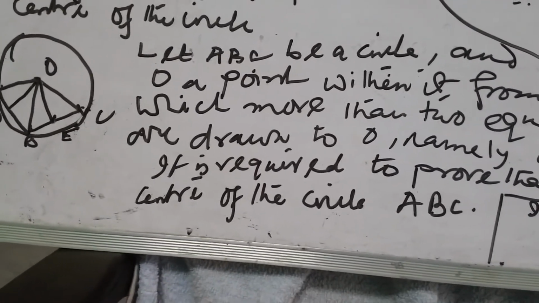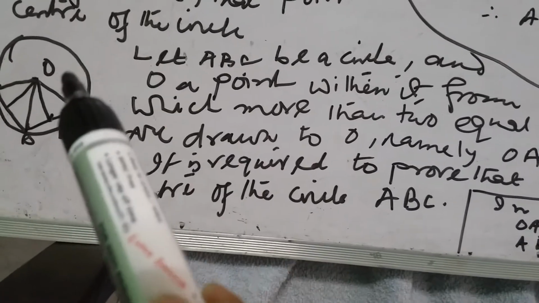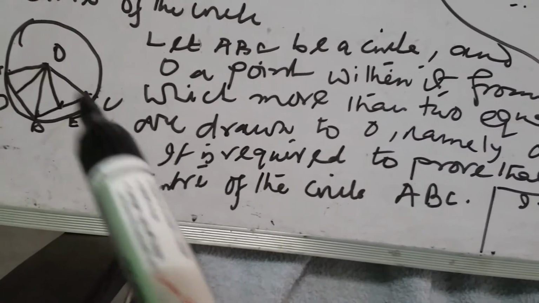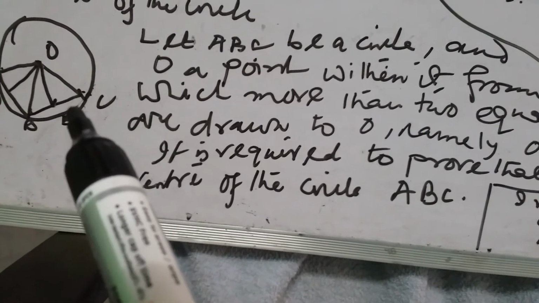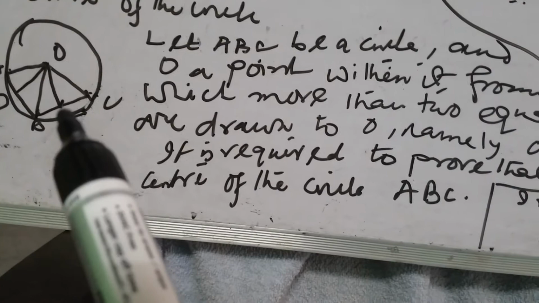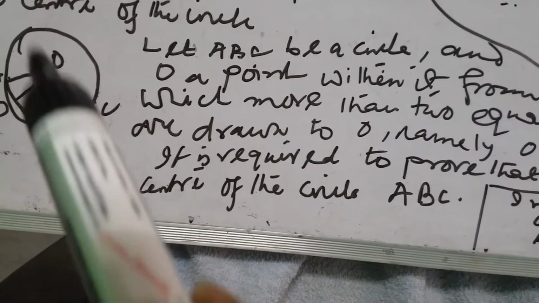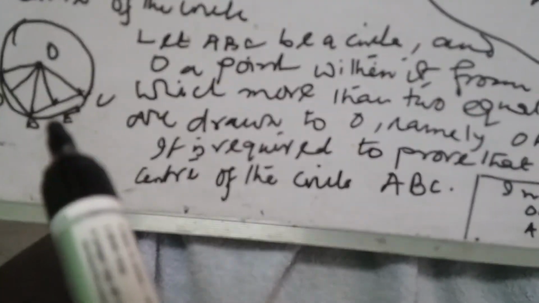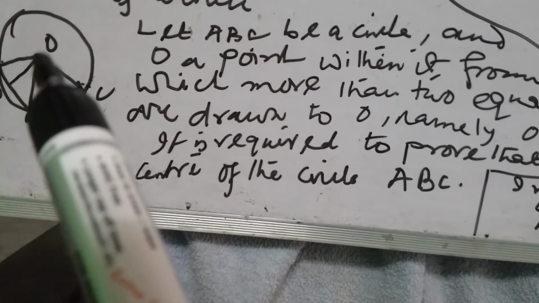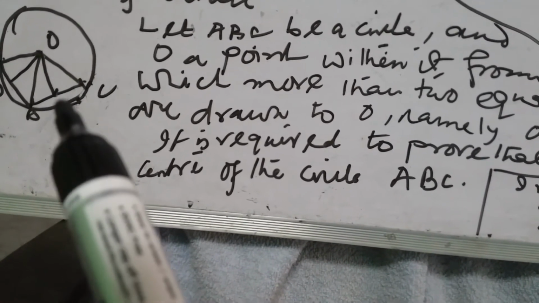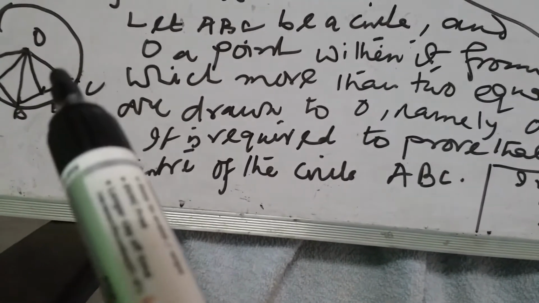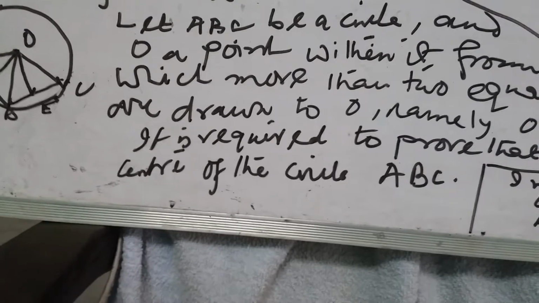Similarly, in OBE and OEC, OB is equal to OC, BE is equal to EC by construction, and OE is the common side, so the two triangles are congruent, and then we say that OEB and OEC are right angles.